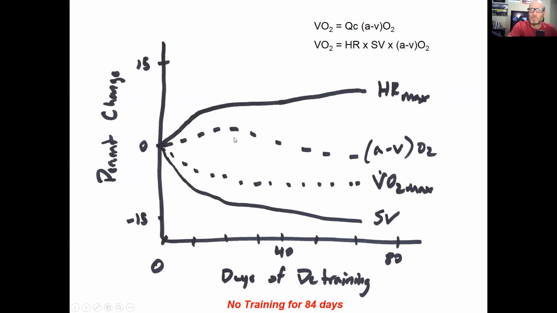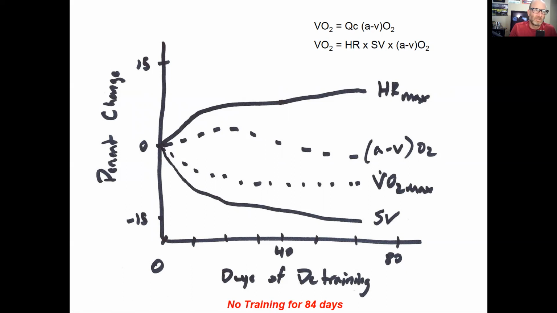This might actually speak to benefits of tapering, but then you start to see a decrease in AVO2 difference. Stroke volume is the big issue here. There's a big decline immediately when you start to detrain. The amount of blood ejected by the heart with each beat drops pretty dramatically early on in the detraining period.